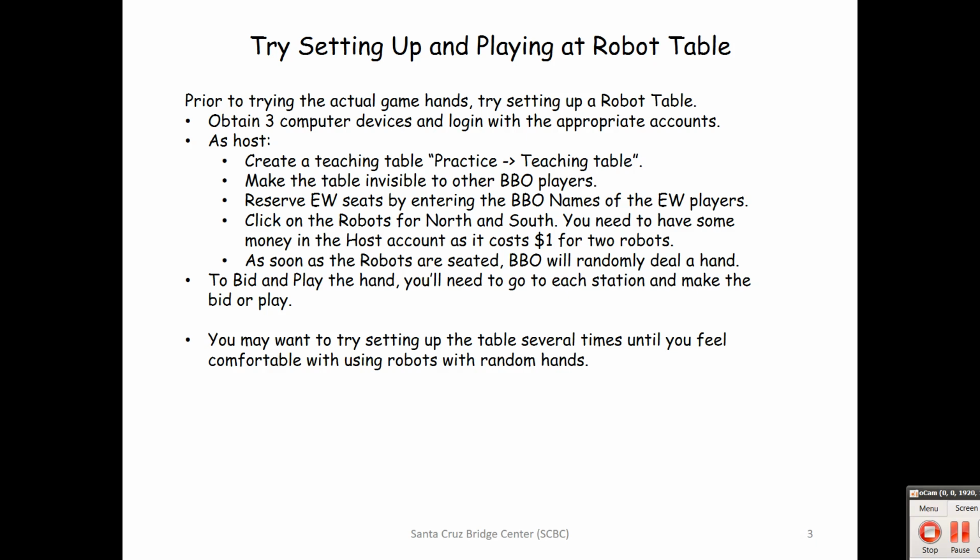Now, you need to reserve the seatings at the table, and we'll show how to do this. You'll enter the BBO names of the east-west players at the east-west positions. Once you've done that, we'll show how to use the robots for north and south.